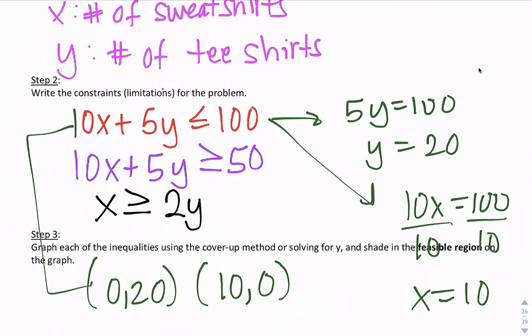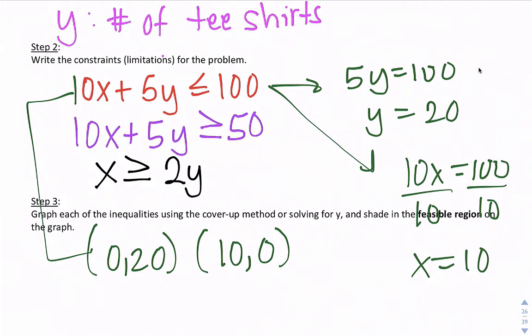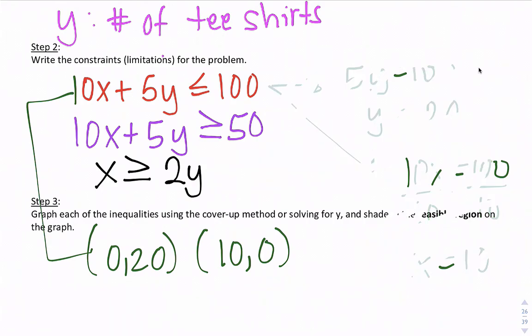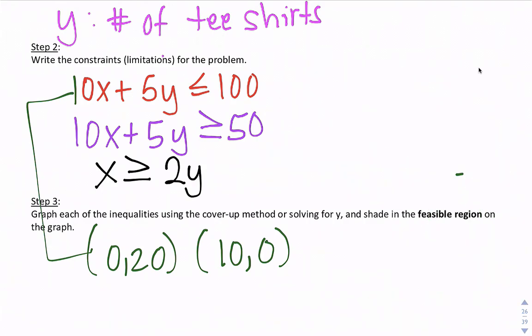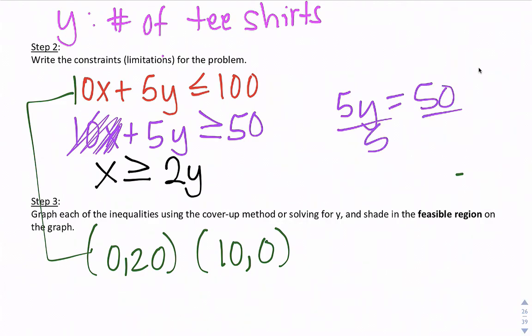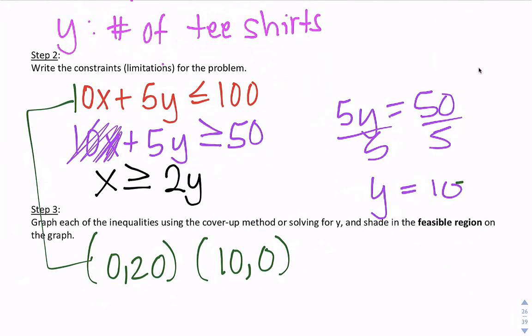Let's do the second one. Again, I'm going to erase some of this so I can show my work. All right, so the second one in purple. Let's cover up the x. So if x is 0, we have 5y equals 50. We'll divide by 5, so y equals 10. Okay, so there's the first part. Here's the second part. Let's cover up the y.